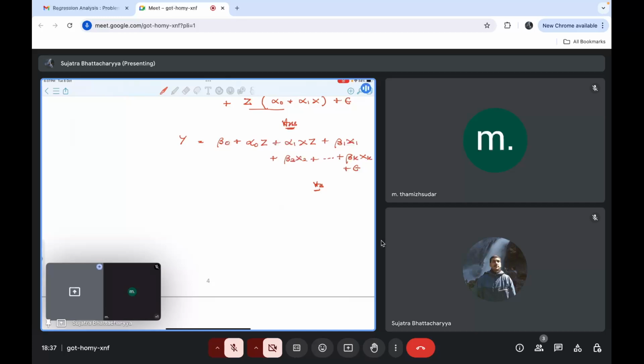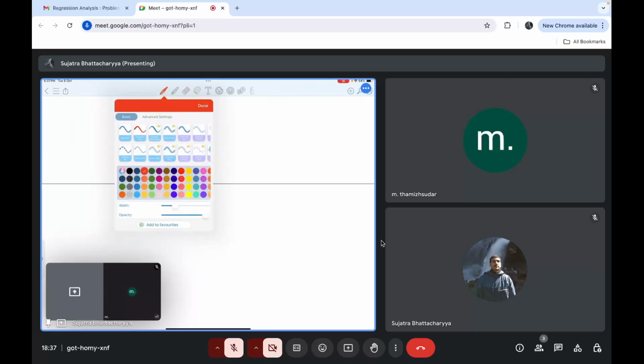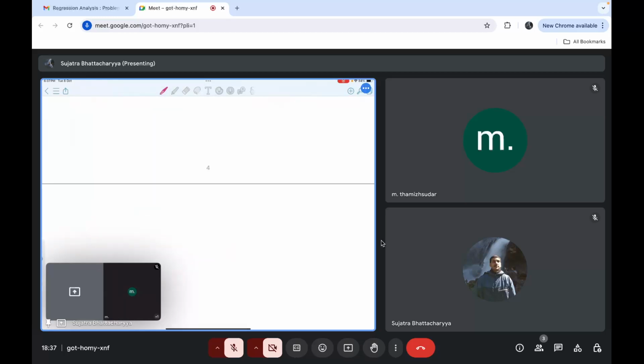Okay, so we will come to the week 11 part, which is on polynomial regression. So let's go to the next page. This week 11 mostly depends on the polynomial regression model.